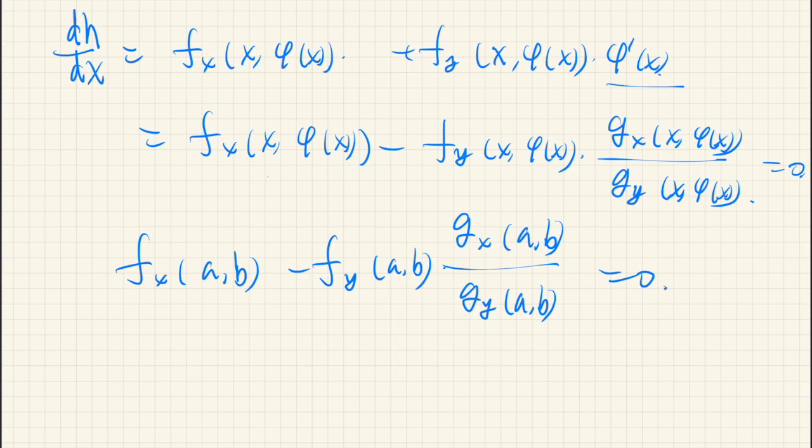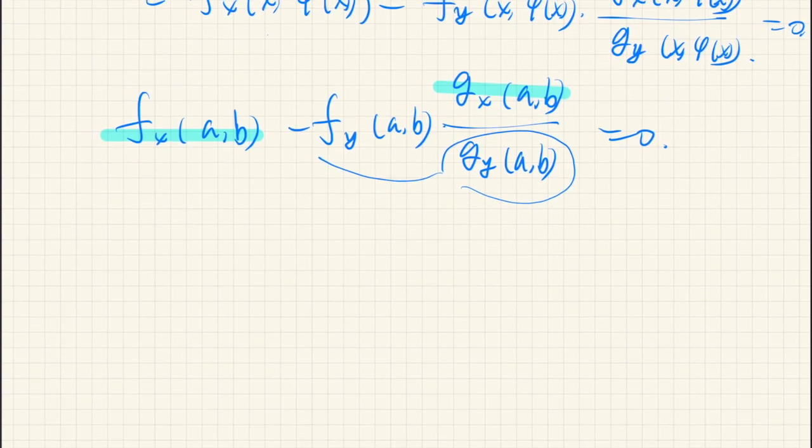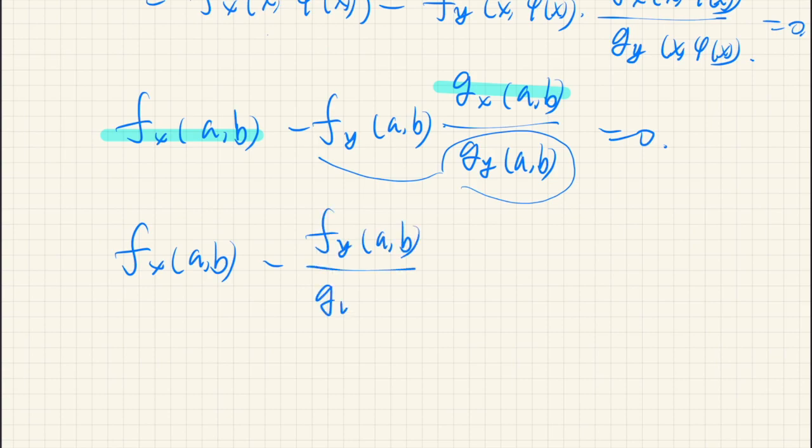Now let's look at this equation. We have f_x here and g_x here. So move this one to here. We have f_x(a, b) minus f_y(a, b) over g_y(a, b) times g_x(a, b) equal to 0.